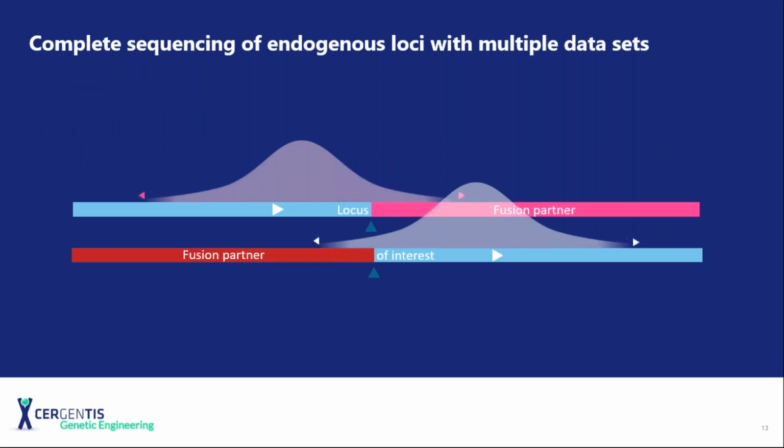Again, this is another example. TLA as such allows you to detect any presence of fusion partners as we make use of the generation of two independent data sets. So a vector may be present in one chromosome or locus, but then can show to be continuing its coverage and as such its presence in another chromosomal location within the genome.